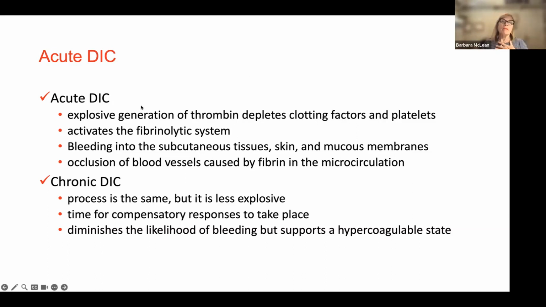And I love that definition: explosive generation of thrombin, which rapidly depletes the clotting factors, rapidly depletes the platelets, and prolongs your bleeding time, because now when I have a larger wound, an IV, a central line, a vascular cath, a surgery, I don't have enough clotting factors available to make a clot.